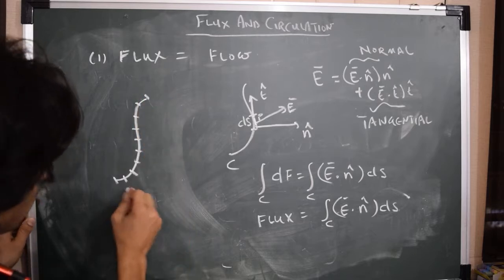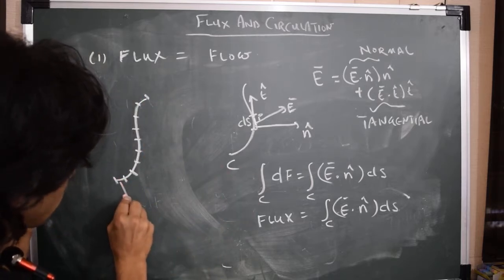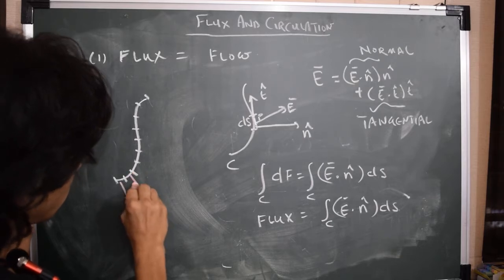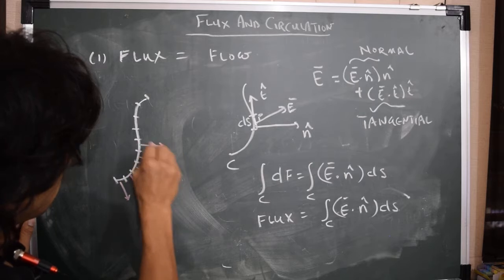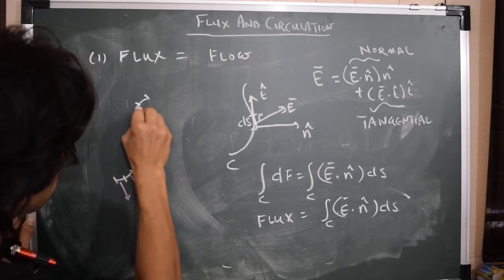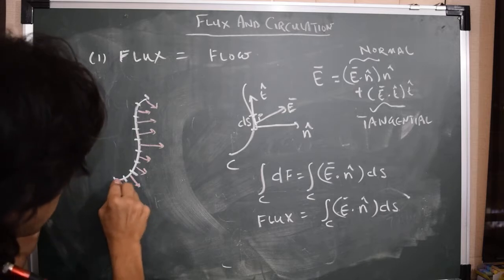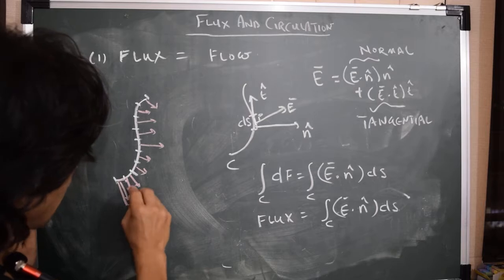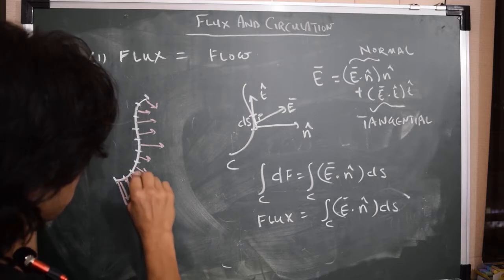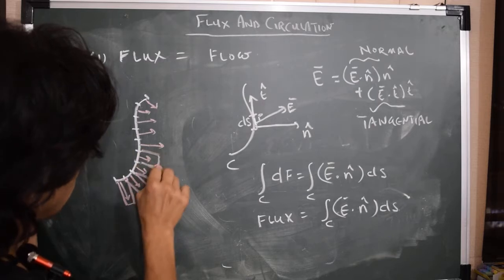Then we calculate the normal component of the field at every point. This, for instance, the normal could be this here. The magnitude will differ. And then this normal component we multiply with the length of the segment. So essentially we construct a rectangle like this, and we construct these rectangles and so on.